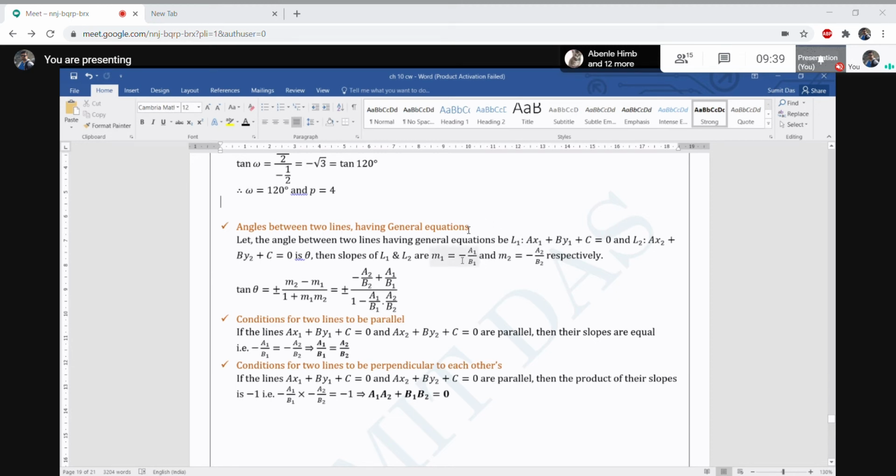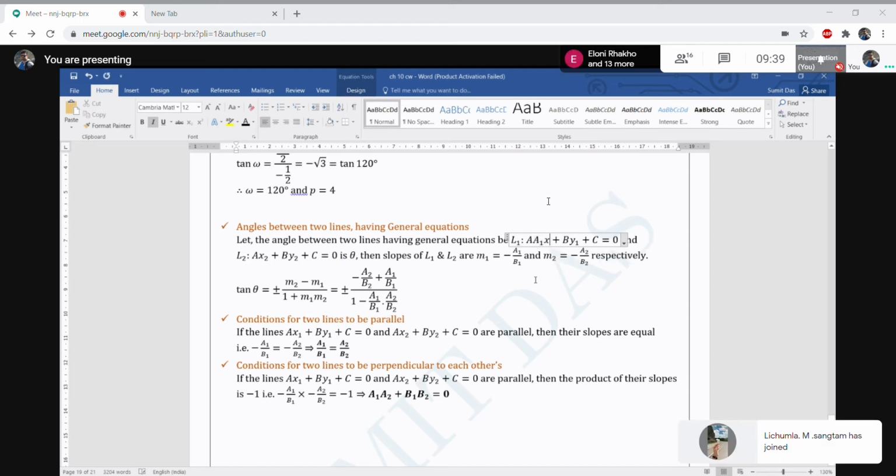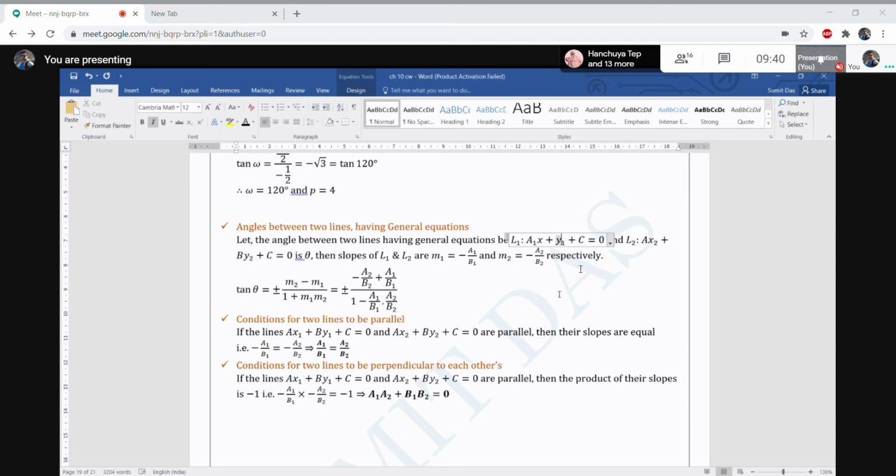Oh, I made a mistake here again. I used to make this mistake more and more. It will be a1x, b1y, and c1.